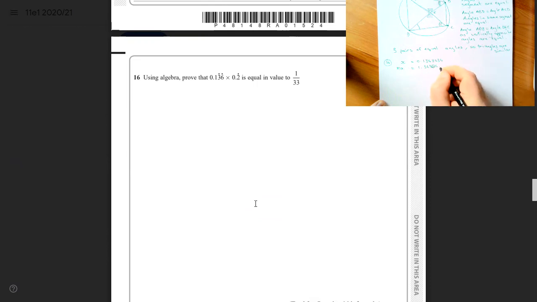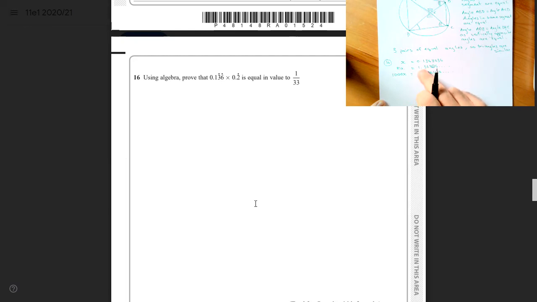Then move the 2 recurring digits over, so multiply by another 100, so 1000x equals 136.363636. Now if I subtract the 10x from the 1000x, the 0.363636 etc. cancel each other out.